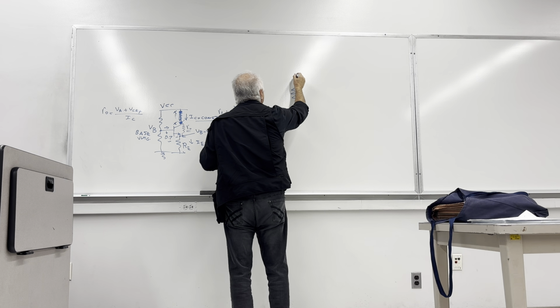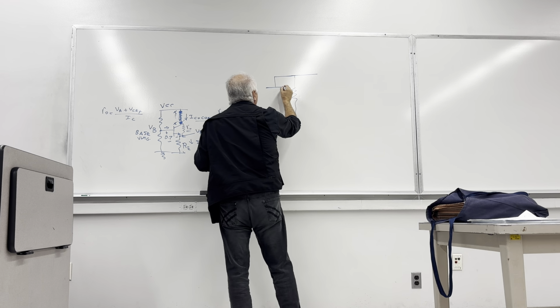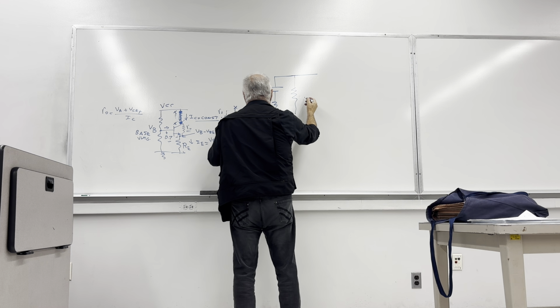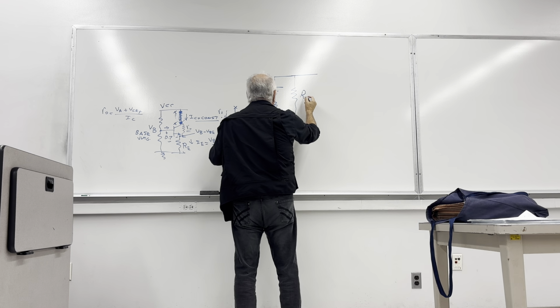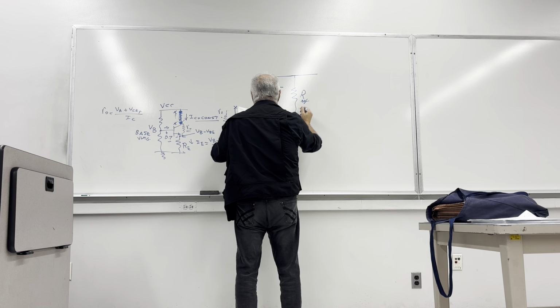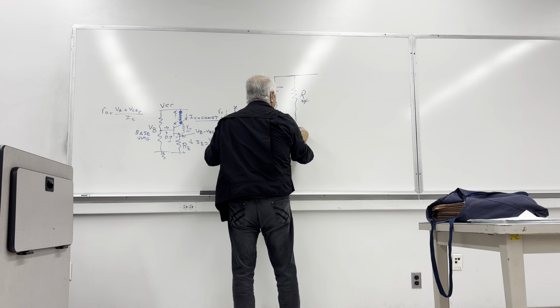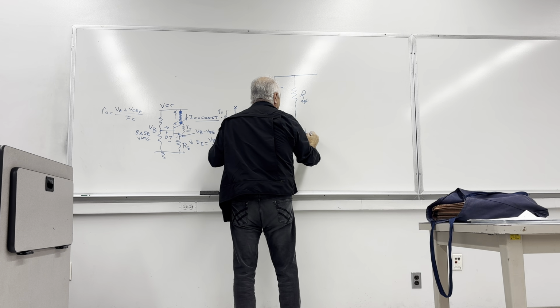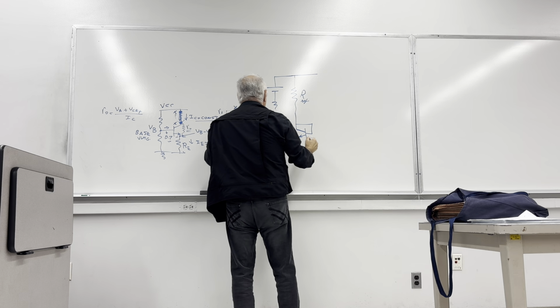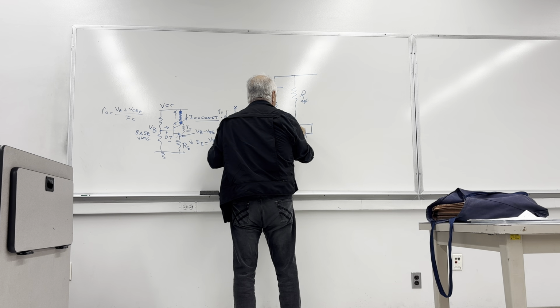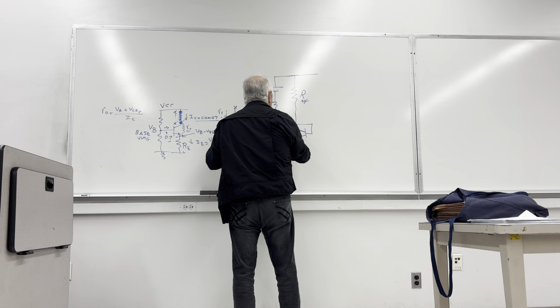So the popular source for that one is this one here. If you put a positive voltage, R, they usually call it RRef, reference, and you connect that to a transistor like that, Q1, and this is IC1.